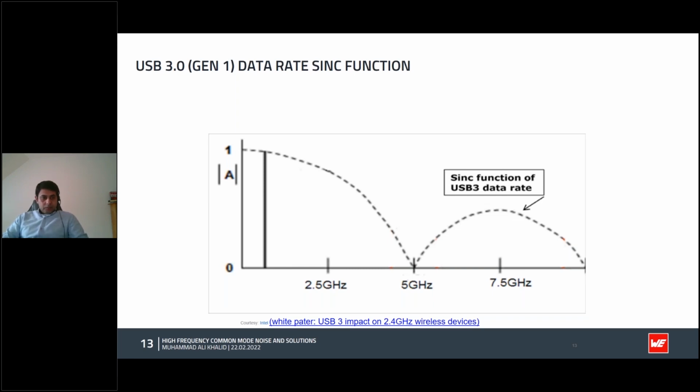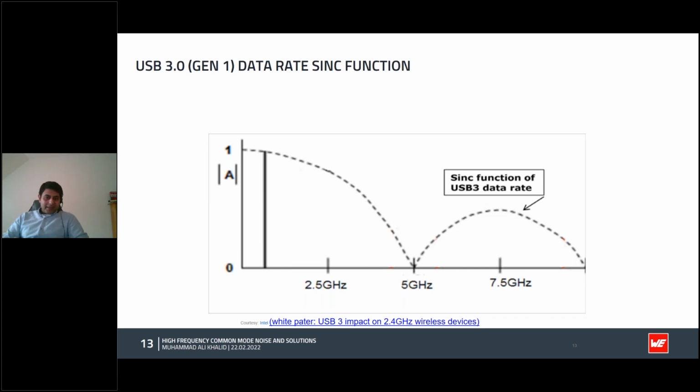As you can see, if you take a look at the sinc function in the slide, the USB 3 specification requires the data to be scrambled and uses a spread spectrum technique on the clock. And this can also be modeled as a sinc function that we see.